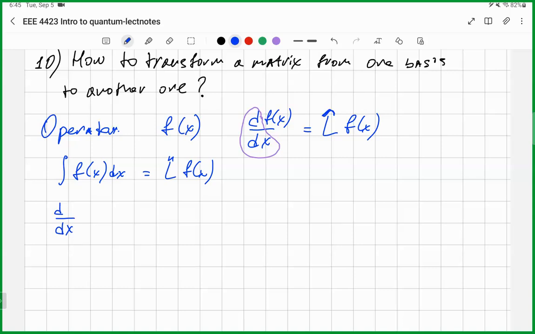So operators are important, and an important point here is that any operator can be represented in matrix form.